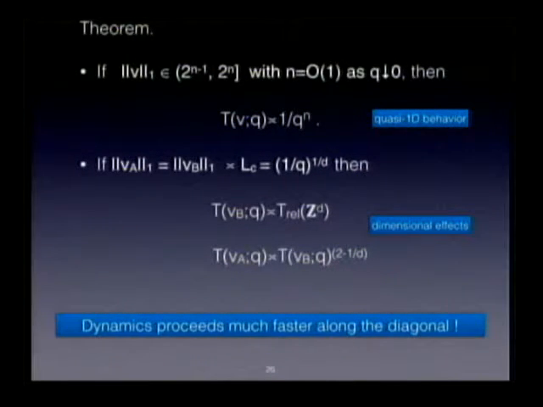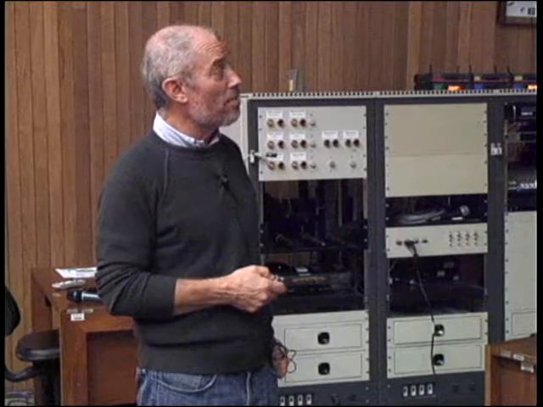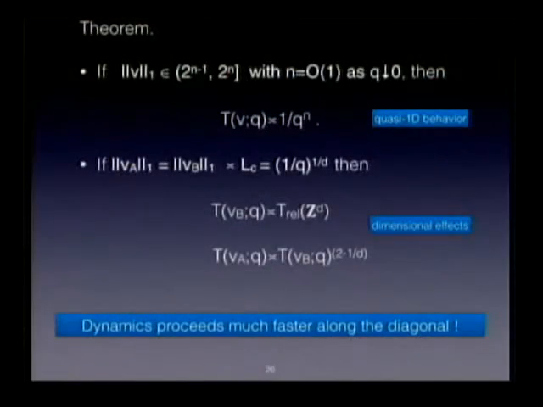And instead, in the horizontal direction, in case A, this persistent time is much, much larger, because it is the persistent time in the diagonal direction to the power 2 minus 1 over d. Now, d is at least 2.